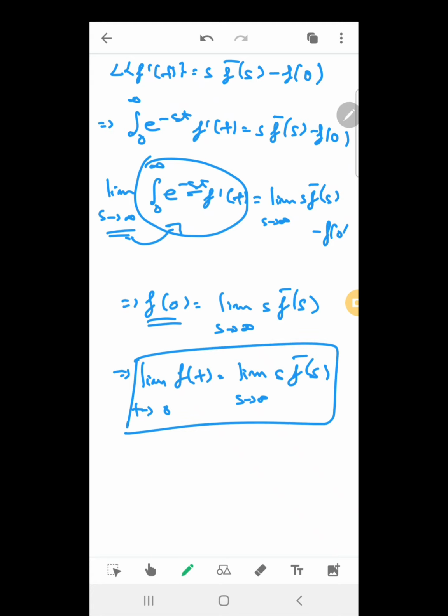This step is written because f is continuous at t equals 0. Clear? Got it? So this was the first proof. The proof of the final value theorem is almost the same, and the first portions are exactly the same.